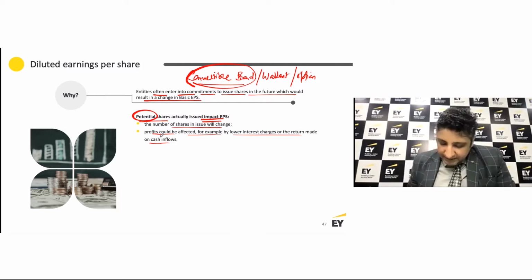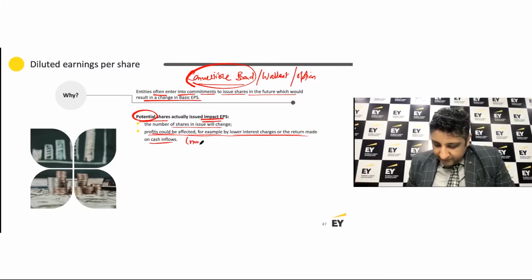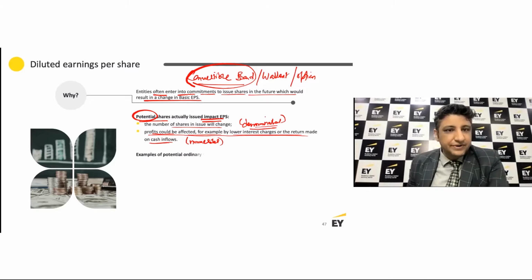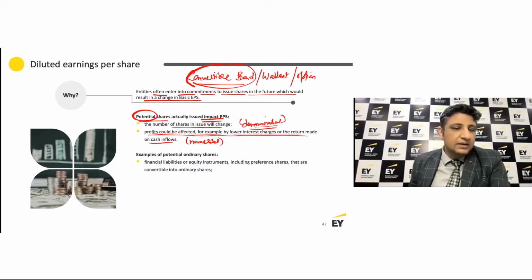So naturally, there is also a consequence likely to arise on the profitability, and that is your numerator, right? And of course, we refer to the number of shares as your denominator here. So you bring these aspects into consideration when you are measuring the potential impact likely to arise in future on the current EPS or the basic EPS, right?